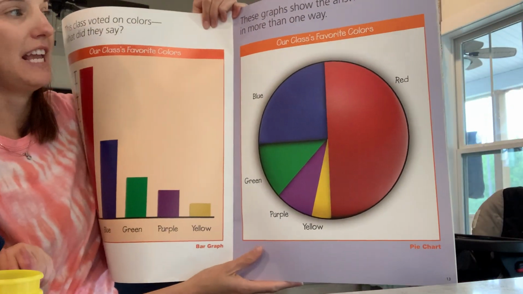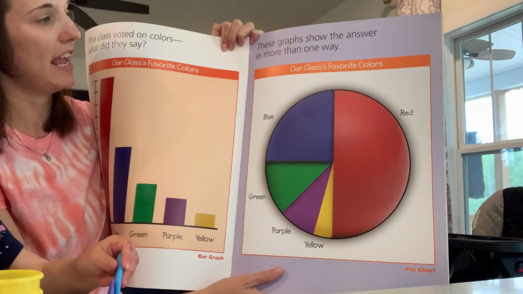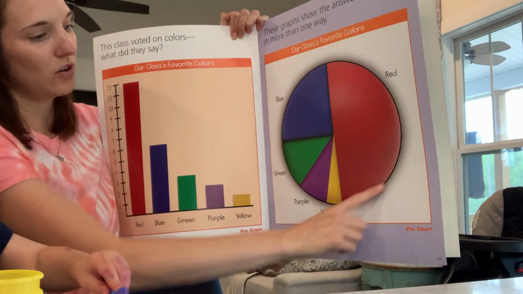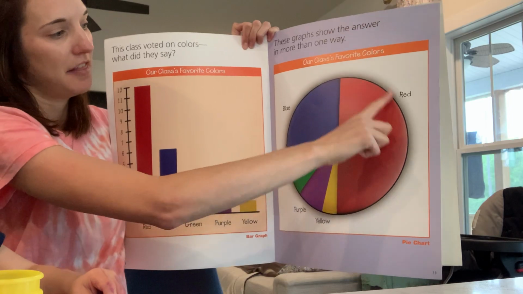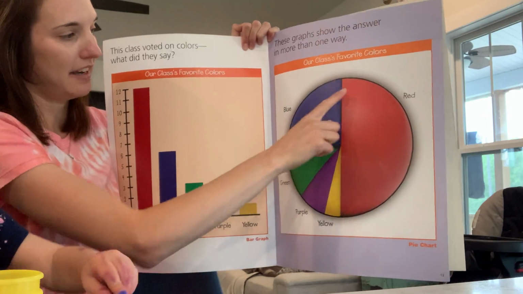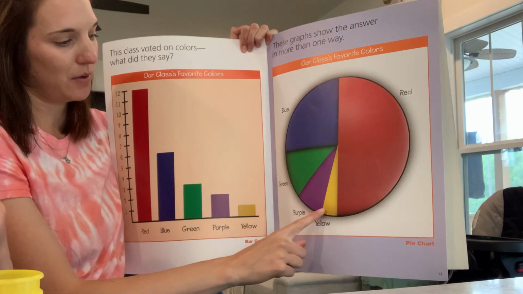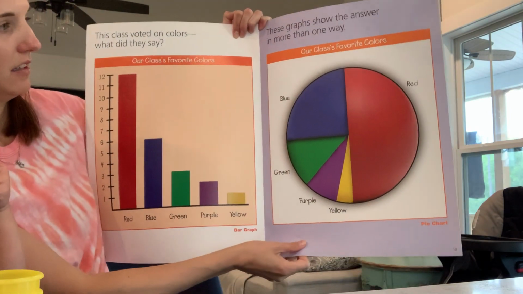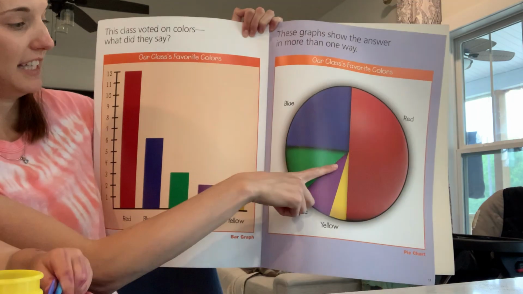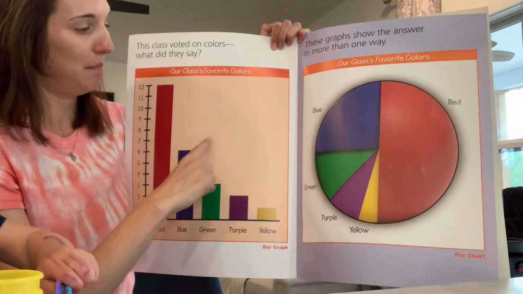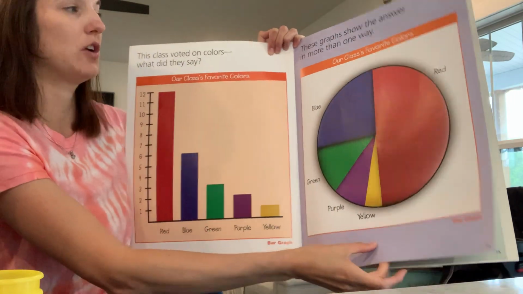These graphs show the answer in more than one way. This is called a circle graph, a pie chart. These friends all like red. These friends all like blue. There's green, there's purple, and there's yellow. This is the same graph, the same information, the same data in both pictures. It's just shown in a different way.